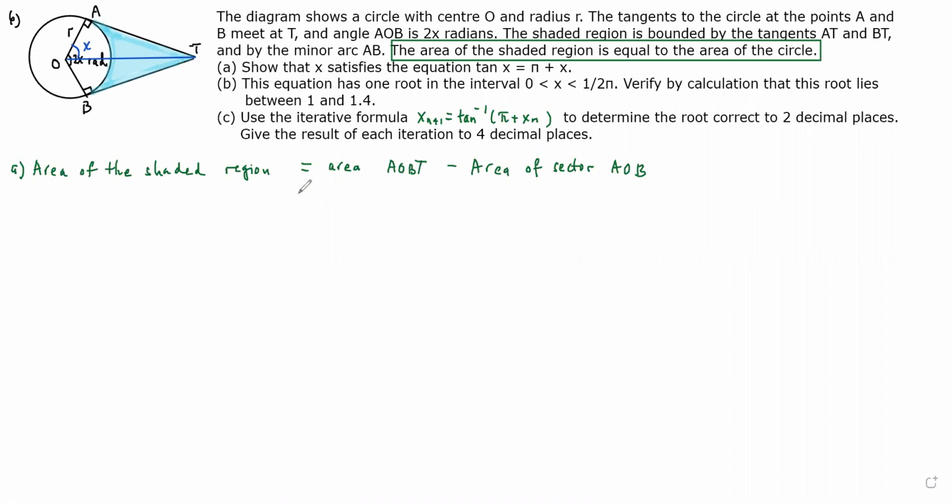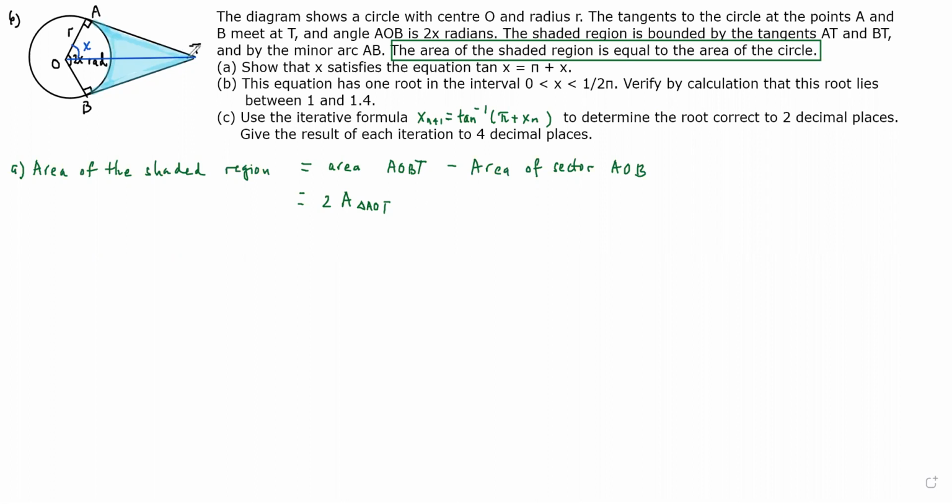Then the area of AOBT is twice the area of triangle AOT, since you divide this quadrilateral into two equal parts.